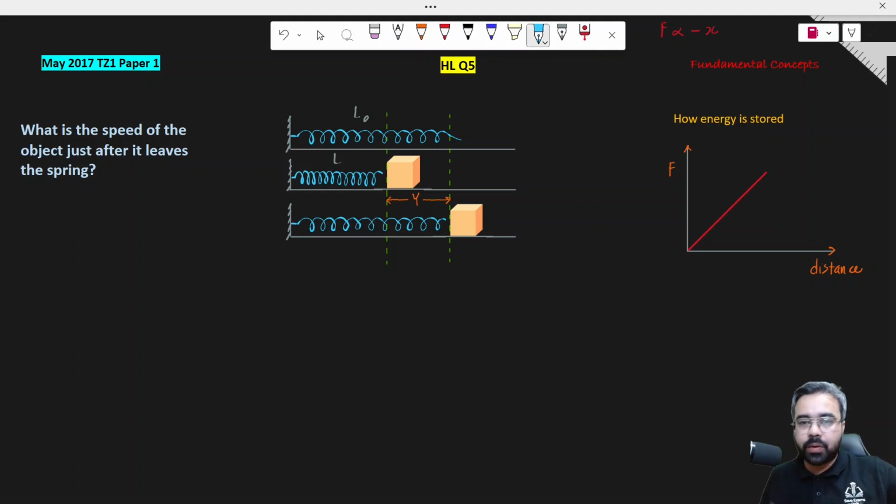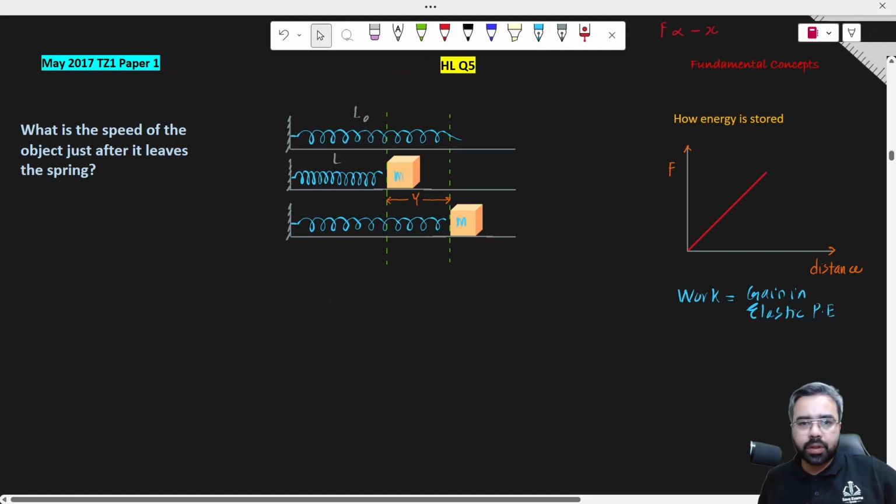If I want to know the total work done on a spring, that work done is equal to the gain in elastic potential energy, because then that elastic potential energy is converting into the kinetic energy of this object of mass m. So let's find it. Work done is equal to the gain in elastic potential energy.